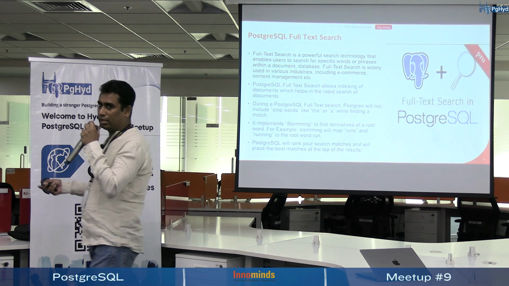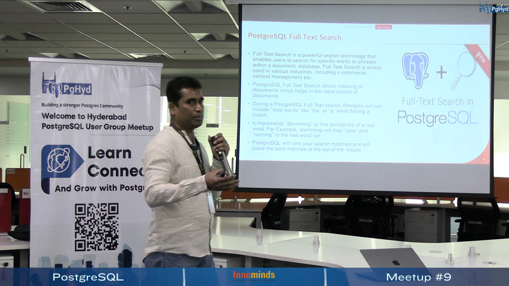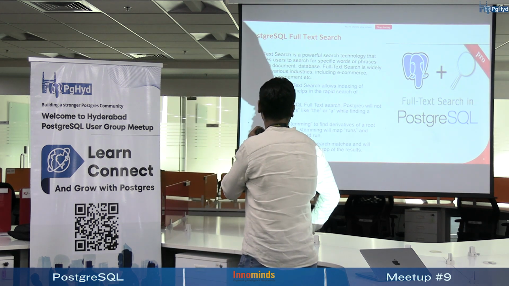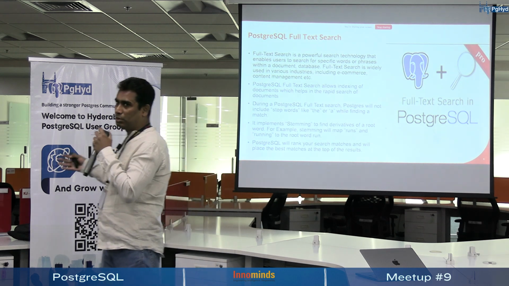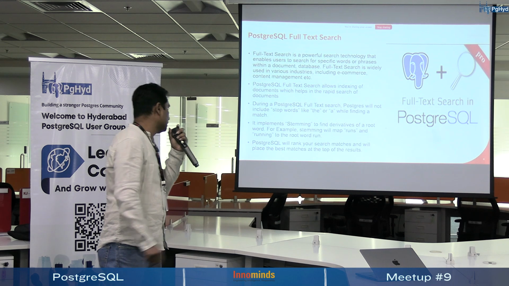Once you search, you put in multiple words and then you get some result, right? This kind of thing we now use everywhere. So how exactly can we do this in the Postgres domain? That's what I am going to explain.